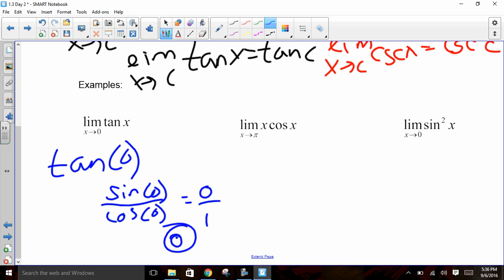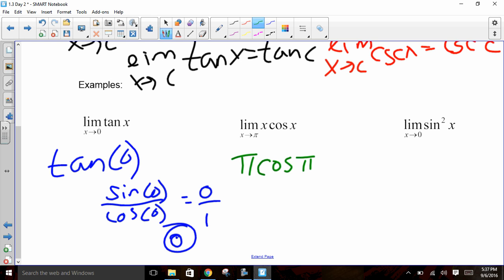All right, let's take a look at this next one. So I have the limit as x approaches pi of pi cosine pi is essentially what this problem is asking me. So pi times cosine of pi. Pi is 180 degrees, or again, I can plug it in my calculator.